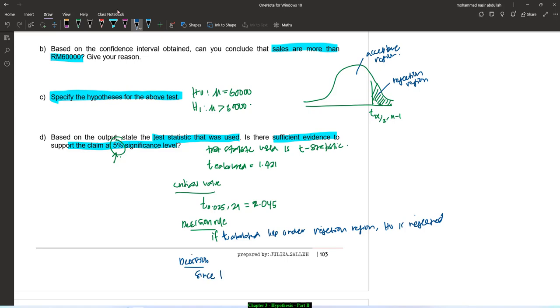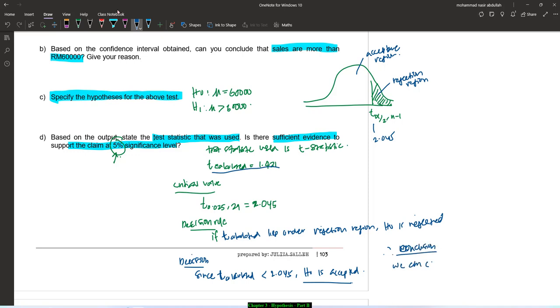So our decision here, since t calculated is equal to 1.4, which is less than 2.045, null hypothesis is accepted lah, right? So the t calculated lies under the acceptance region, kan? So we accept the null hypothesis.